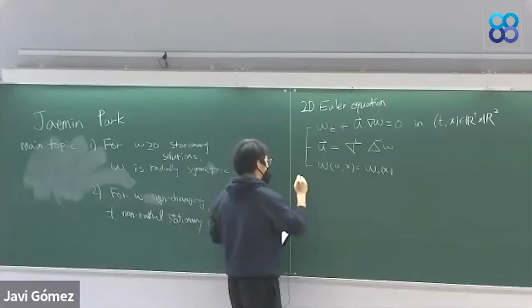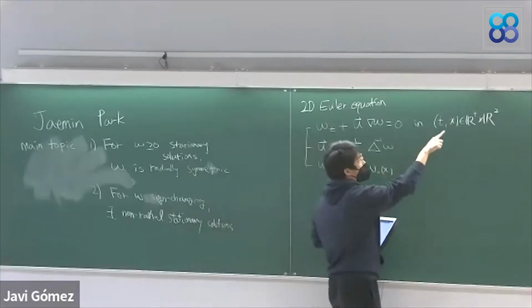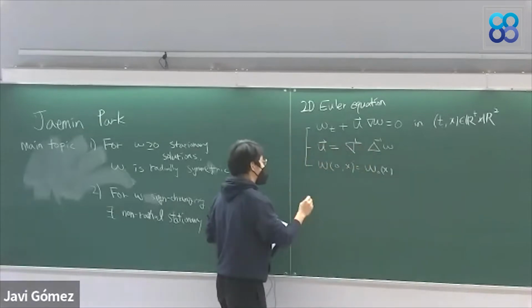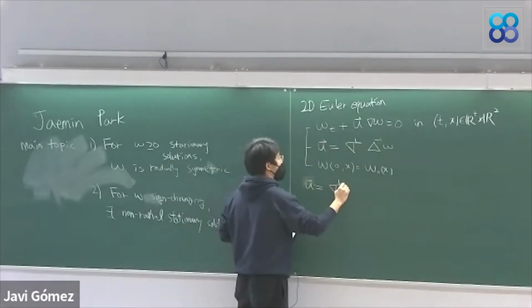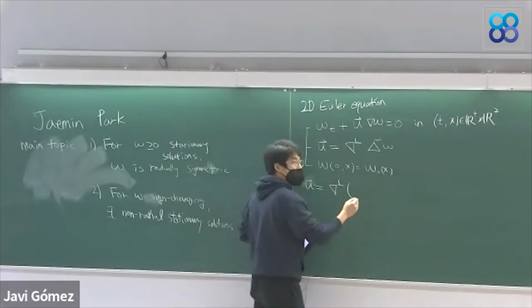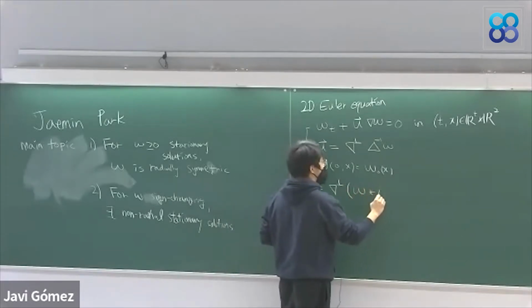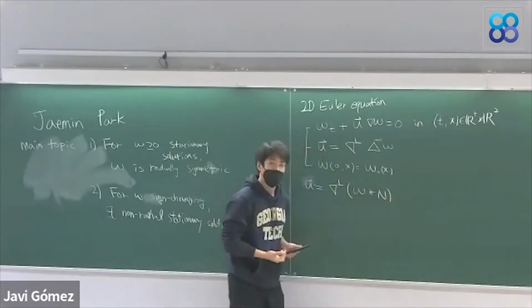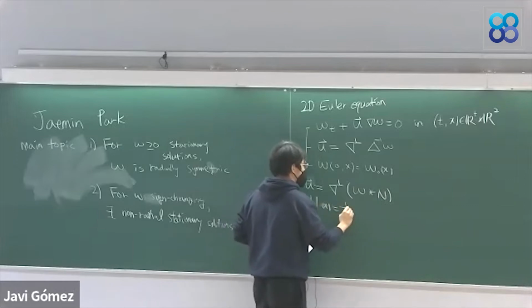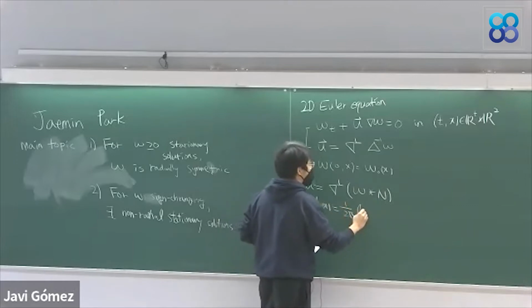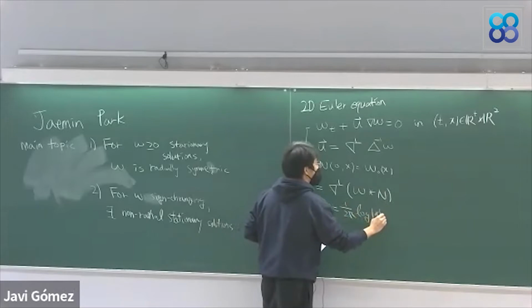Then what do we know about this inverse Laplacian? Here, the spatial domain is R2, so the inverse Laplacian can be written as a convolution with the Newtonian potential, where this Newtonian potential is a radial function that is given by 1 over 2 pi times the magnitude of x.